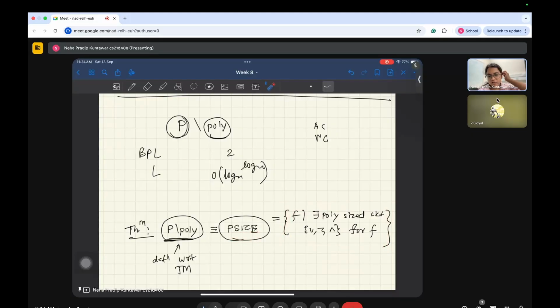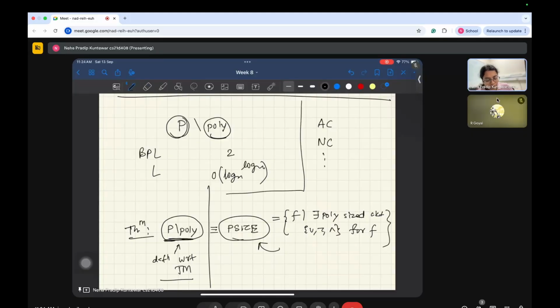The way it happened is that on one side you have a definition with respect to Turing machines. On the other hand, we have all these classes that we studied, the AC, NC, and so on. Among those, we were always interested in circuits of polynomial size, which we call P-size, and it so happened that they are equivalent.